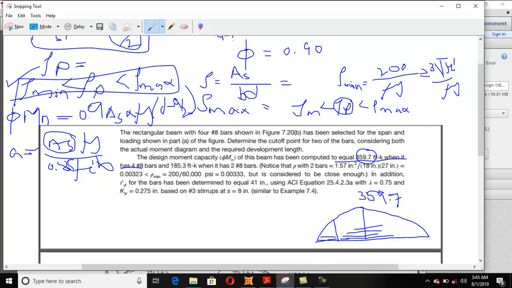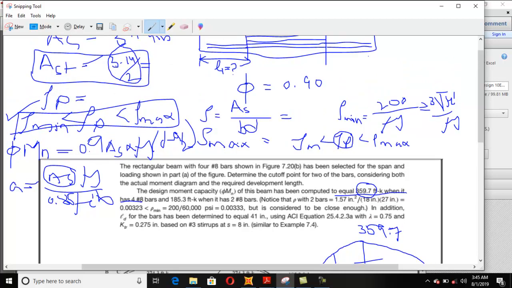Phi Mn is 0.9 times, put the value of half of the 4 number add bars, you need to calculate for two number add bars. So this As will be 3.14 divided by 2. Put that value, put the fy value, d minus a will be from there. It will give you the a value.